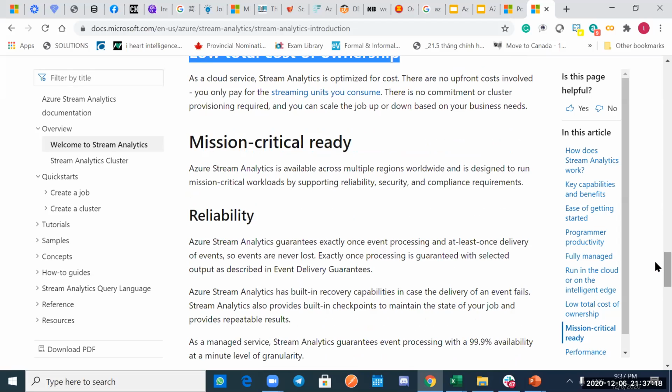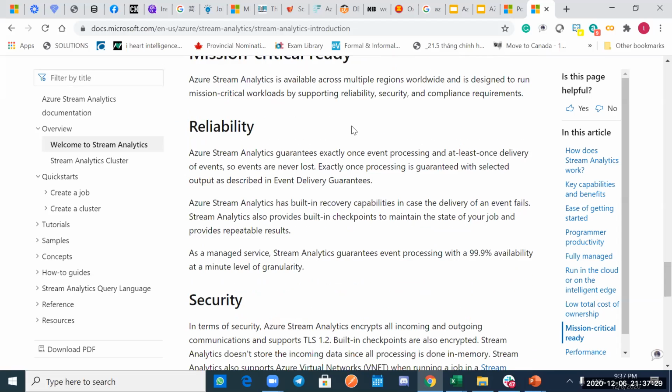The thing about platform as a service and software as a service is that it's already built with scalability and availability. So of course, it's related to mission critical, with 99.9% availability, because it's available across multiple regions.